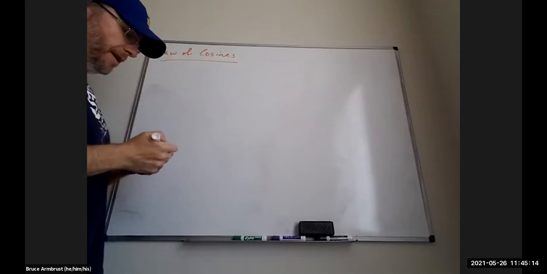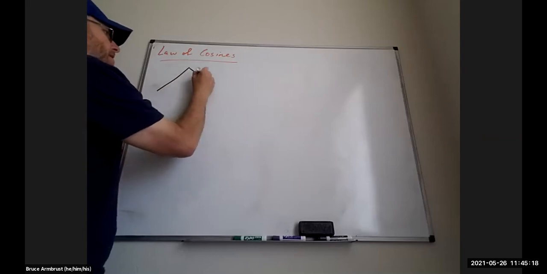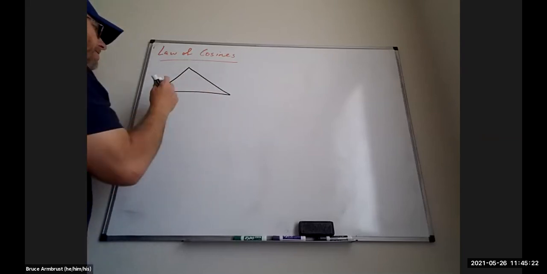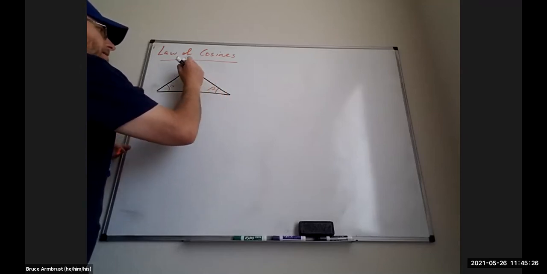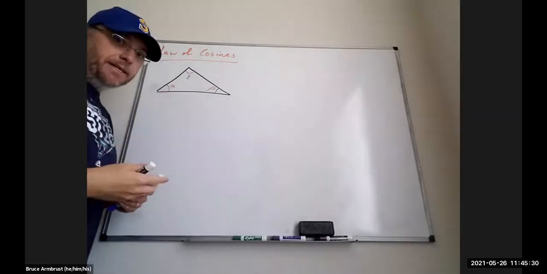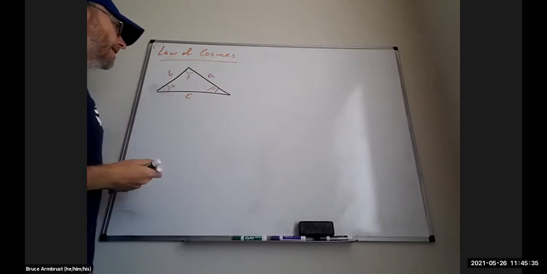So I'll start with my nice generic triangle, kind of like we did before. And let me just label some angles here. I'm going to call this one, let's say, alpha. This one will be beta, and this one is gamma again. Which with my naming scheme means that my sides are going to be A, B, and C here.